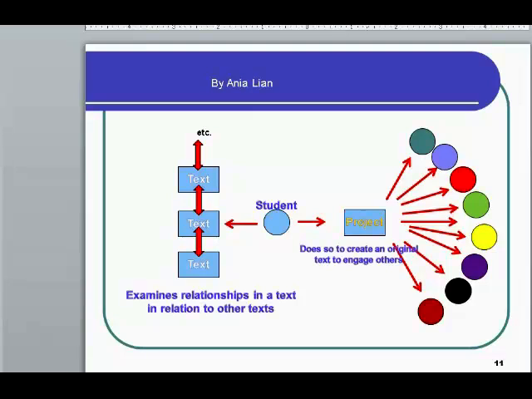I called it a text because ultimately each project is a text in any case, so we can leave it as text. Now, in order to create the text, students have to engage with other texts to see how things are done, to see how they can play with things. They have to learn. They have to expand their understanding of what the assessment project involves.